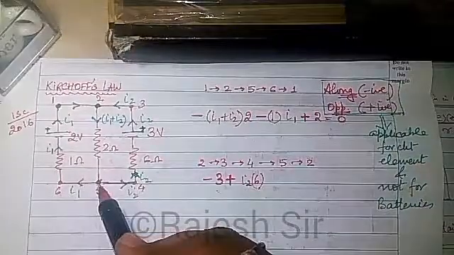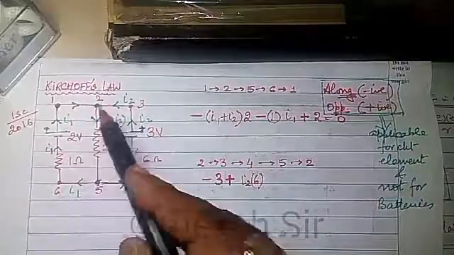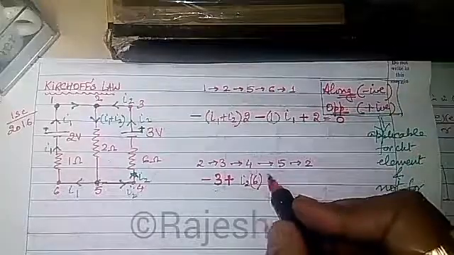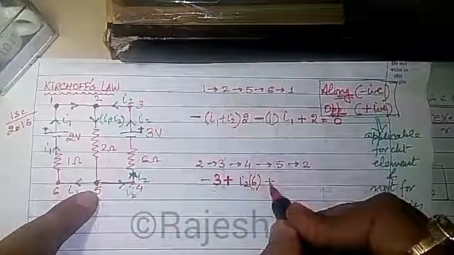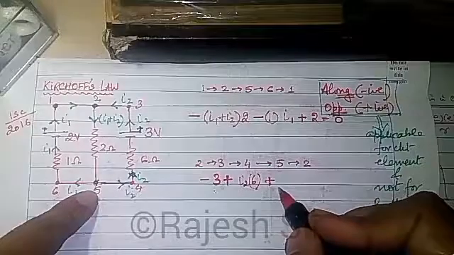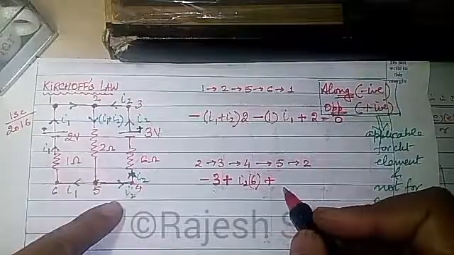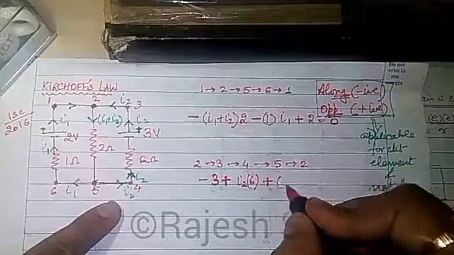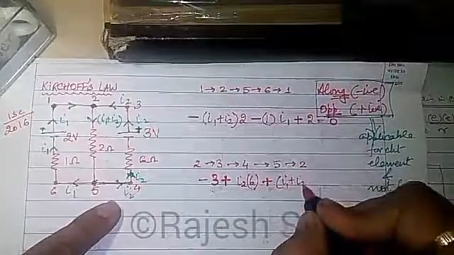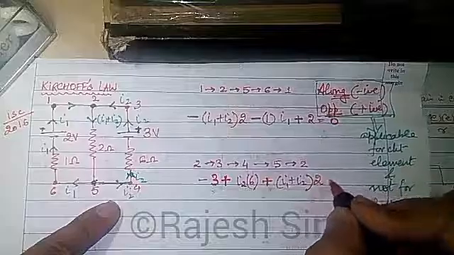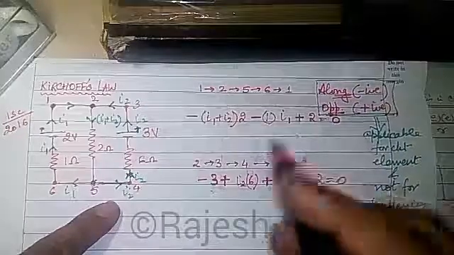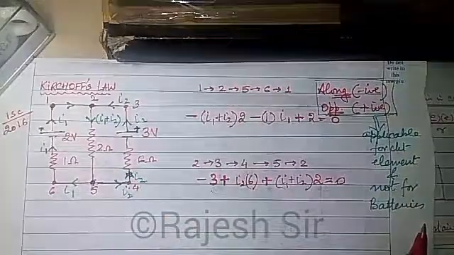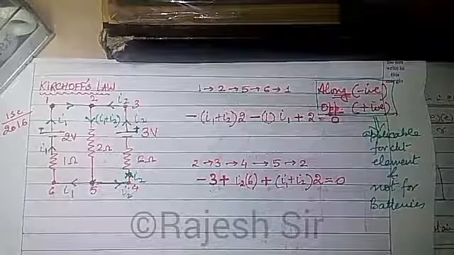Then 4 to 5, there is nothing, and from 5 to 2, again when I go opposite to the current flow, the potential drop across the circuit element would be I1 plus I2 into 2 is equals to 0.